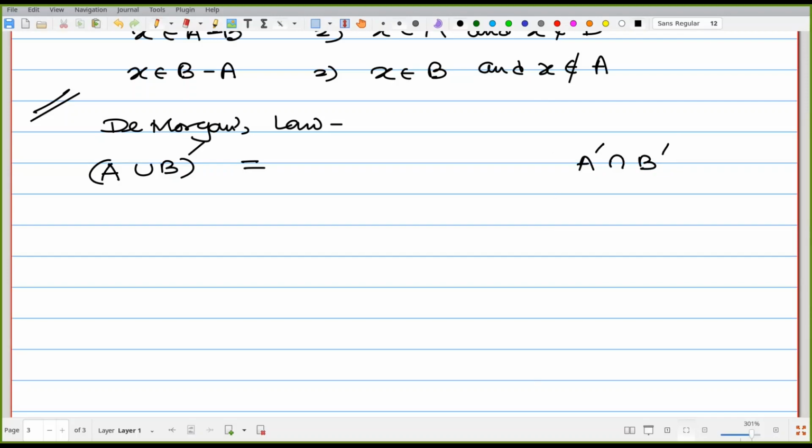Okay. So let an element, any variable, belong to A union B complement.